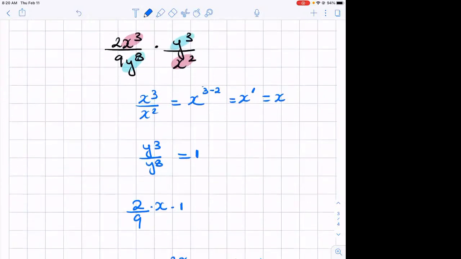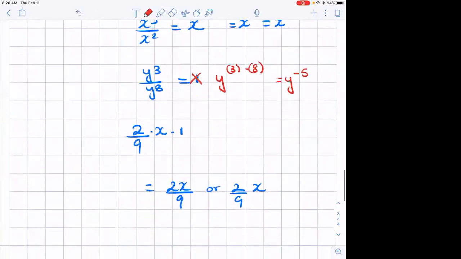And if I do that, then this here is not 1. This becomes y to the 3 minus 8, which is equal to y to the minus 5th. So this should be y to the minus 5th.